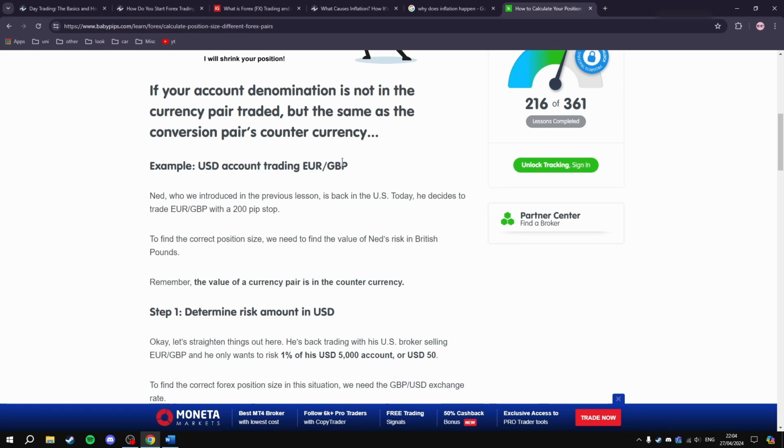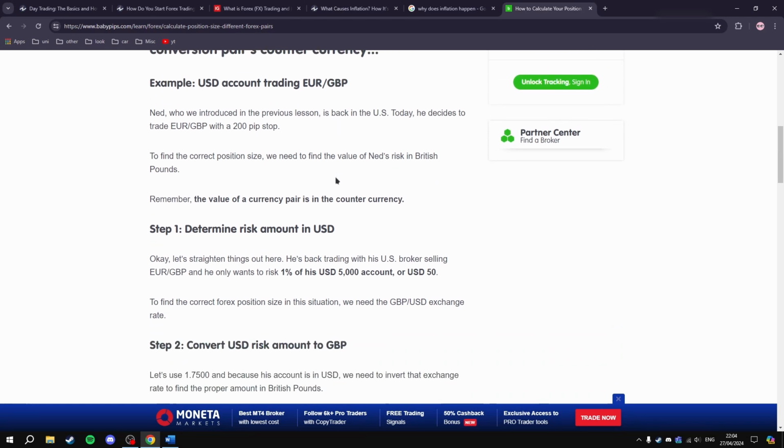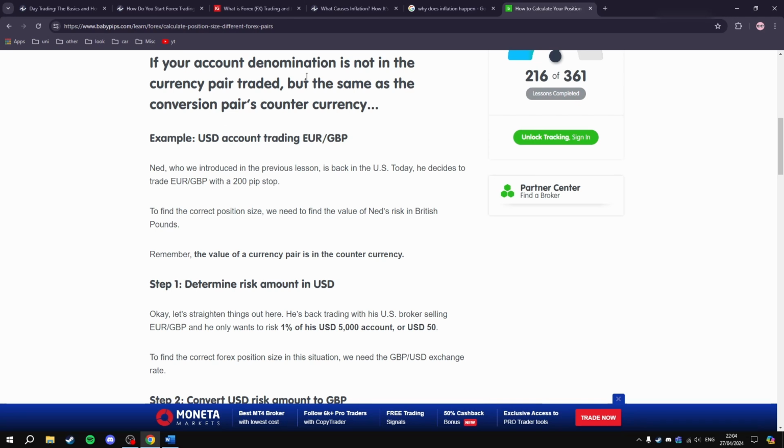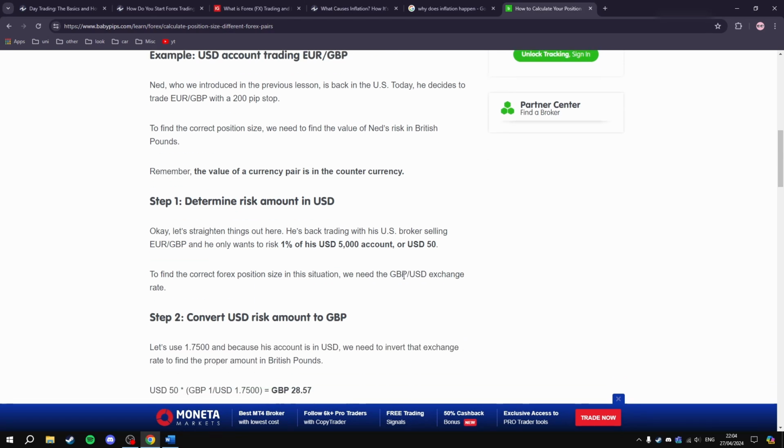But then you're trading different pairs. But I see what this means now. Same as the conversion pair's counter currency, so GBP USD. Yeah, I see what it means.